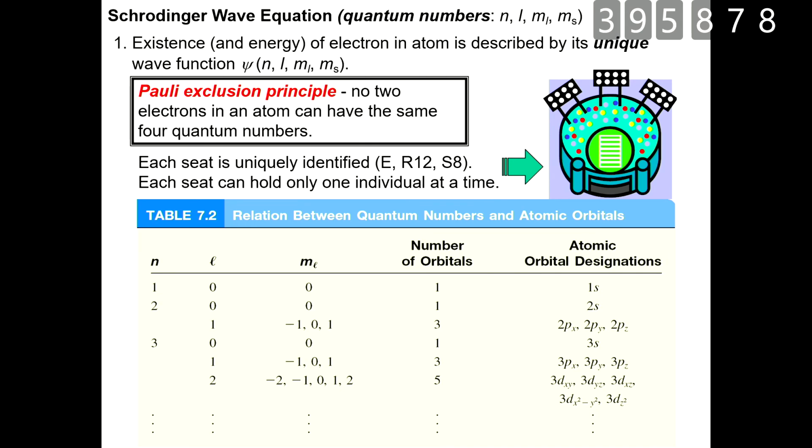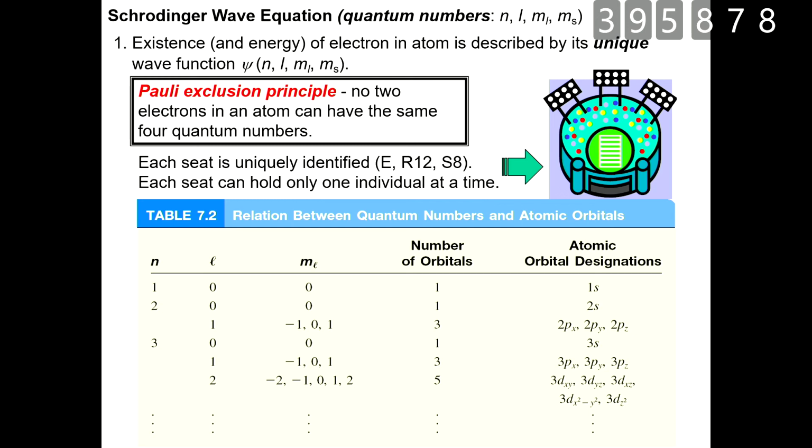Okay. Now we know basically for one electron we can use the Schrödinger equation to describe the electron. And in the Schrödinger equation, there are 4 quantum numbers, right? N, L, Ml, and Ms. So basically, each electron has its own quantum numbers. Like in a stadium, when you watch a football game, each person gets a ticket, right?